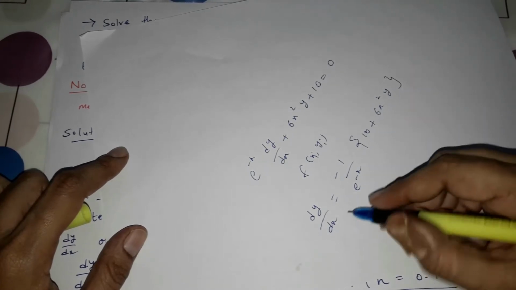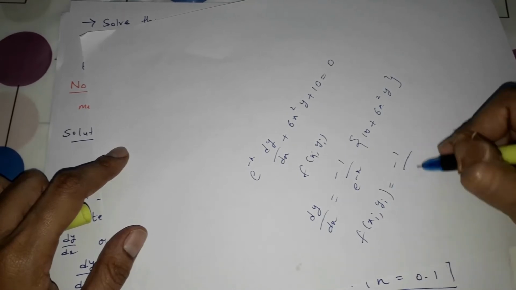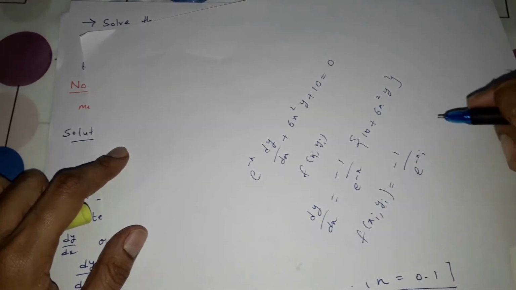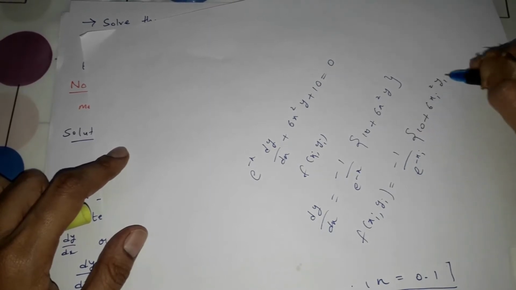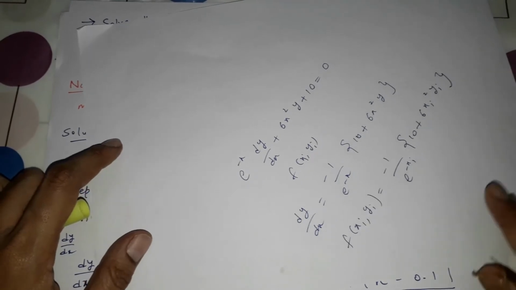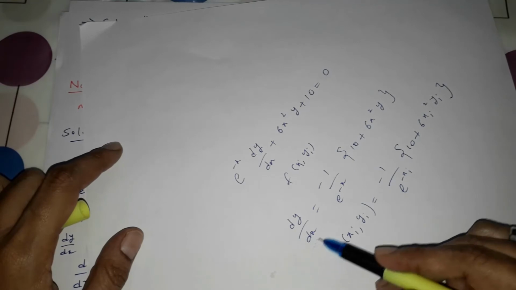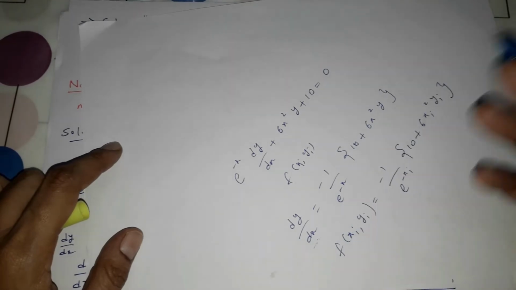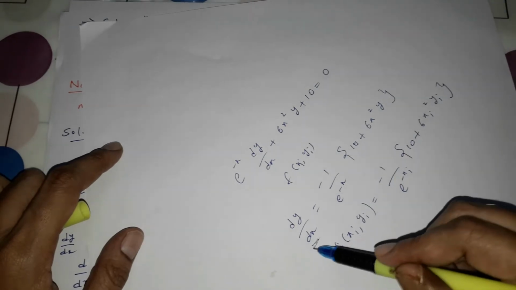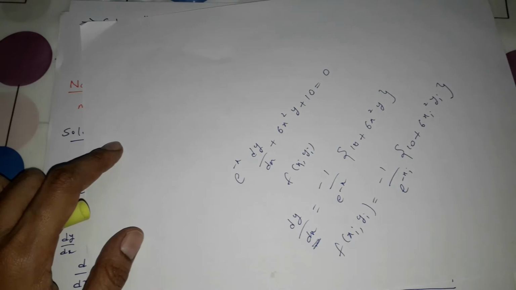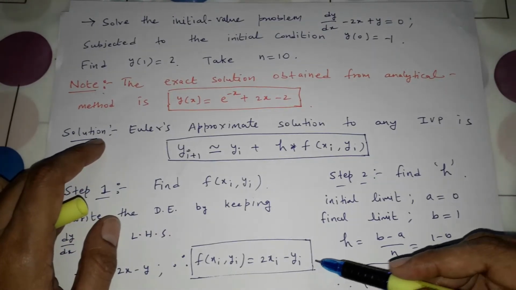So now my f of xi comma yi will be minus e power minus xi, times 10 plus 6 xi square y. Like this you should write the f of xi comma yi. Write dy over dx on left hand side, remaining all terms send it to the right hand side. So we got our f of xi comma yi.